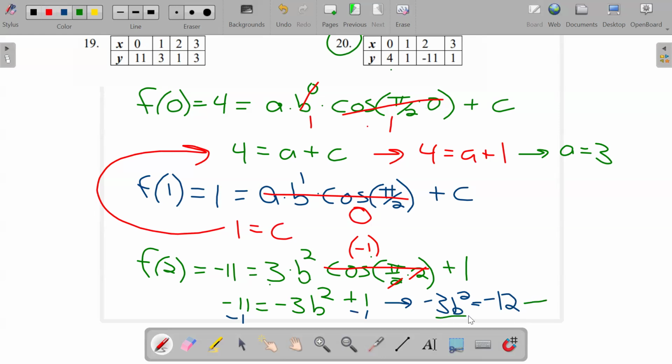I can then divide by negative 3. b squared is 4. And so then b is plus or minus the square root of 4, plus or minus 2. So we'll have to make a decision next about which one it is, plus or minus.